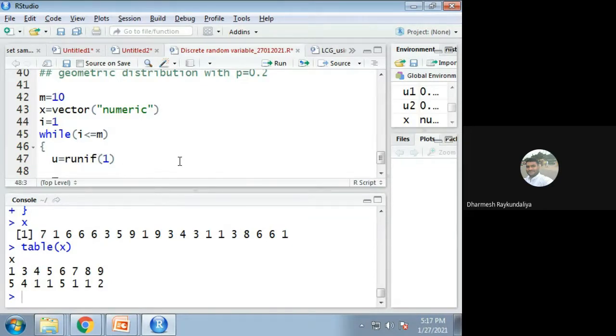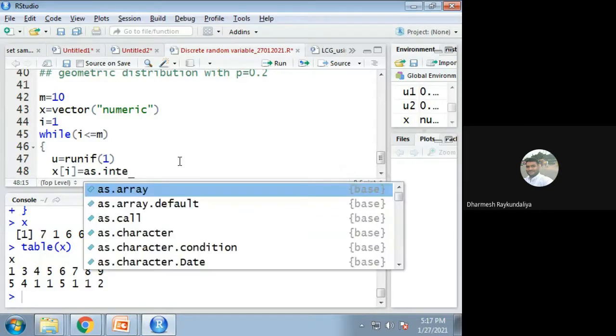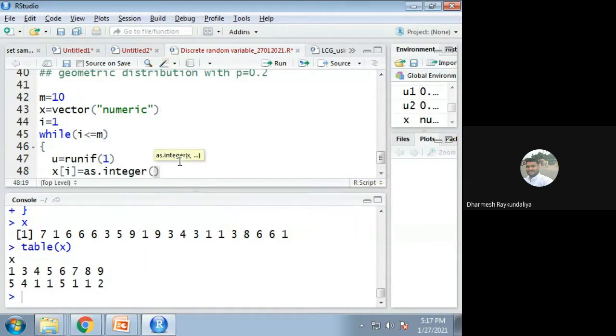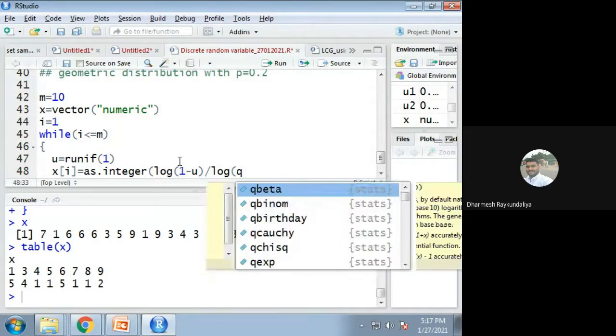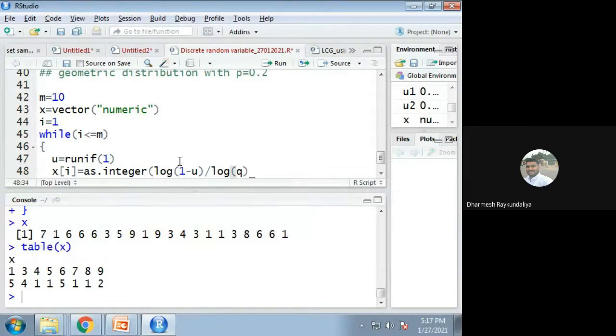Runif, then the formula of x of i is as.integer of log of 1 minus u upon log of q, plus 1.